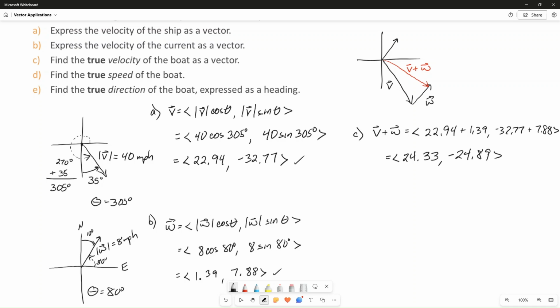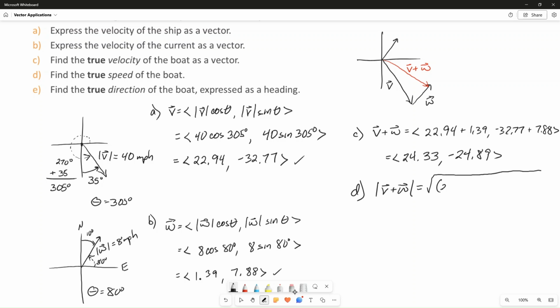So to find the true speed, remember, we've already been treating speed as a magnitude. So I now want to compute the magnitude of this velocity vector. So I want to compute the magnitude of v plus w. And magnitude's pretty easy. We're just going to take the square root of the sum of the components squared.